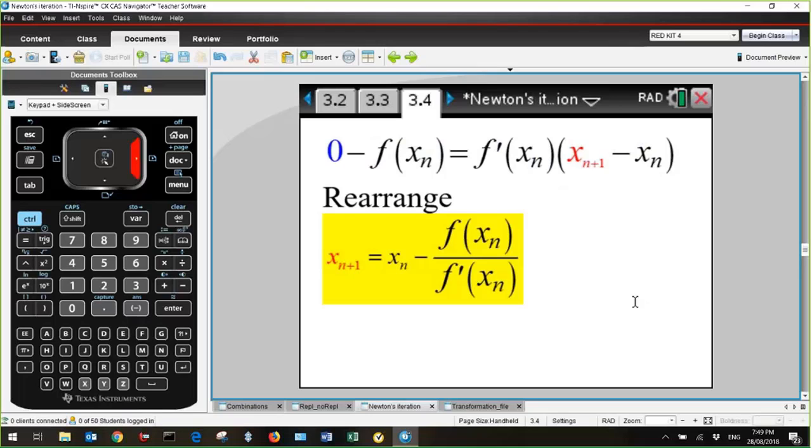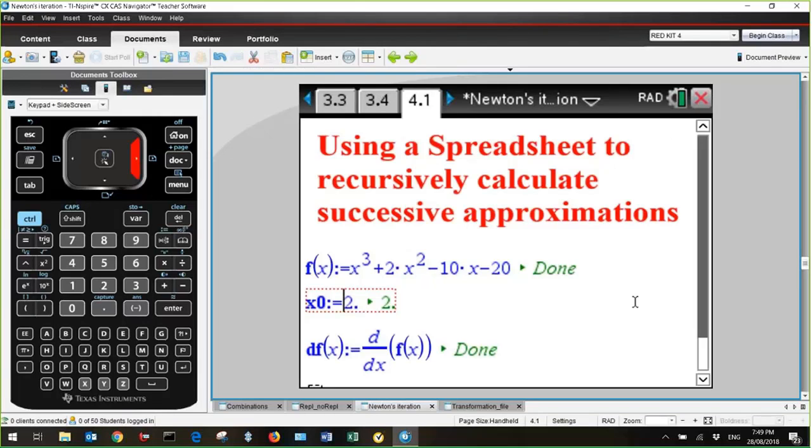Now, a spreadsheet is quite a good way of seeing that happen recursively, and I think that because it's the procedure, not the answer, that matters, students should need to see each successive iteration. So in the notes page, to save time, I've already entered the f of x and my initial guess at 2, and I've also got the derivative.